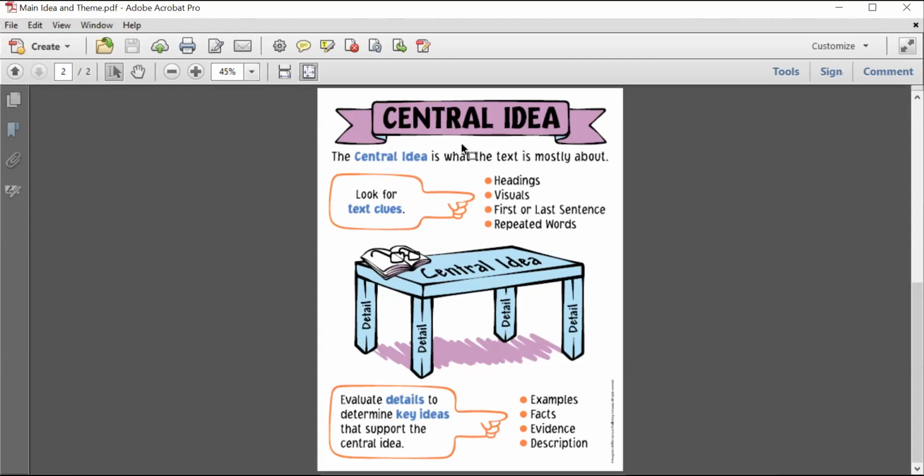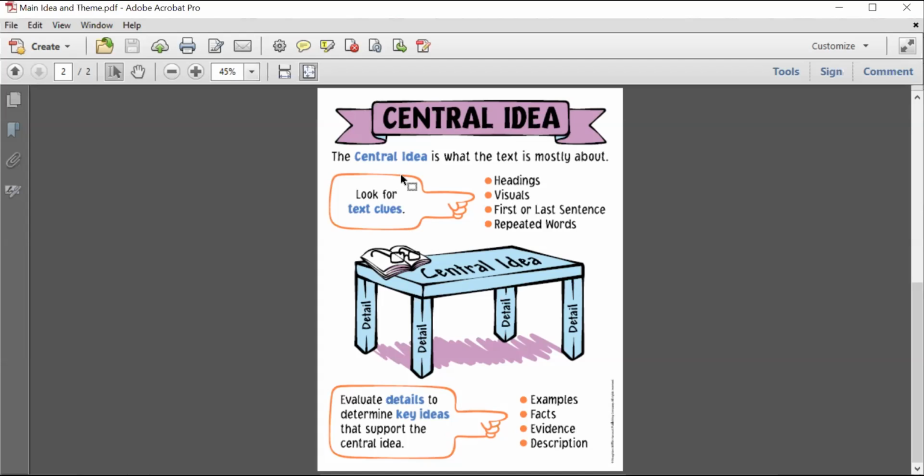And central idea or main idea is different from theme because central idea and main idea could be in both fiction and nonfiction texts, okay? Today's lesson is going to focus on finding the main idea of fiction text, but keep in mind nonfiction text also have a main idea or central idea, okay?